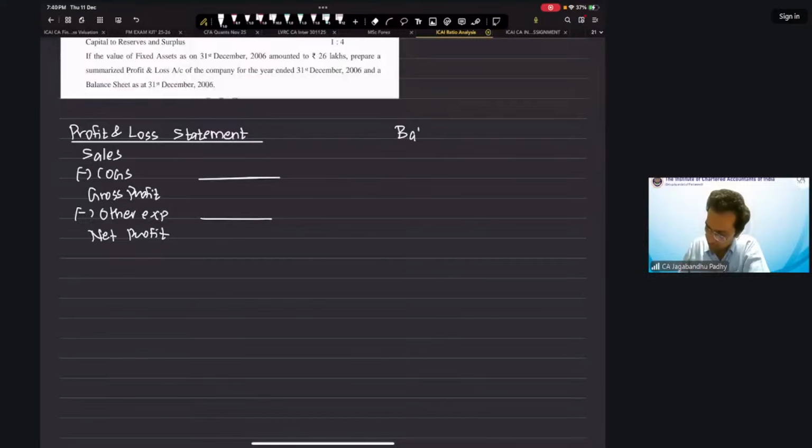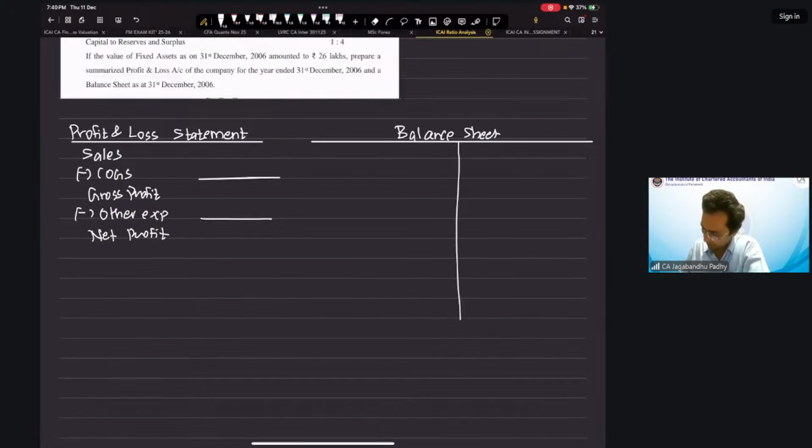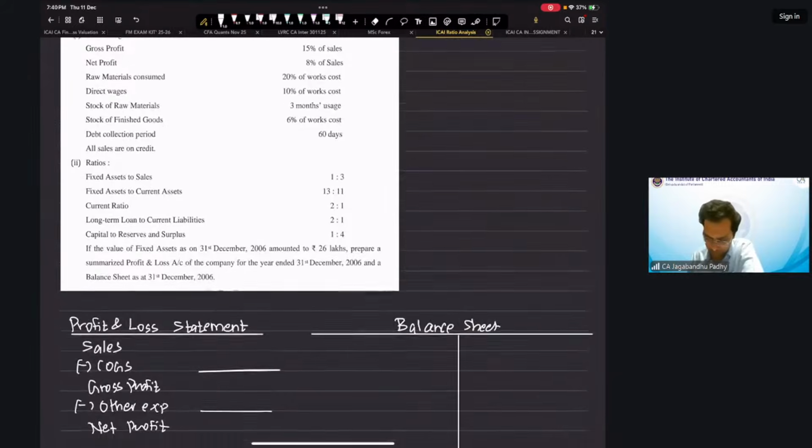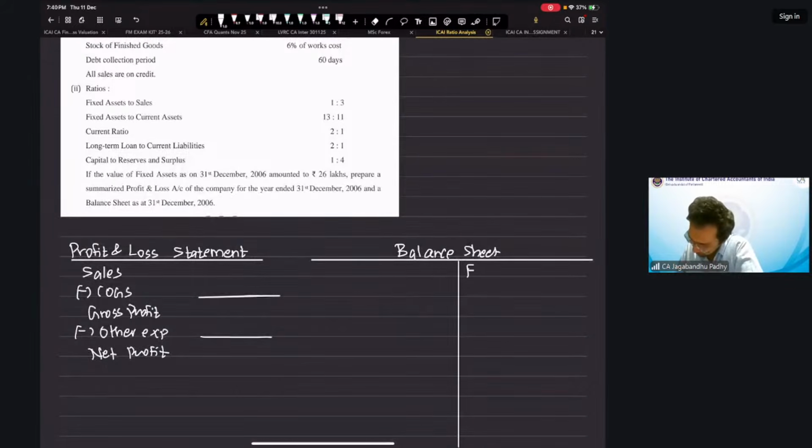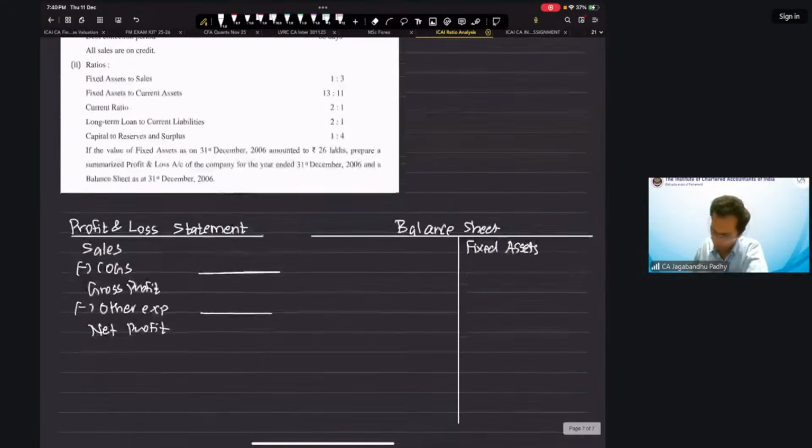Same way, the format for balance sheet. This will have fixed assets. Then we'll have the current assets.